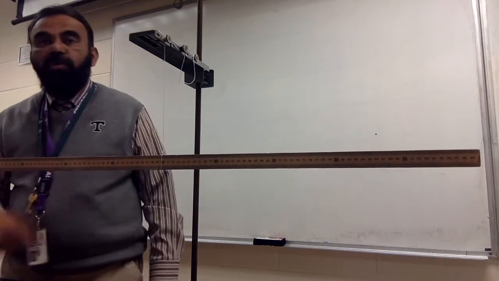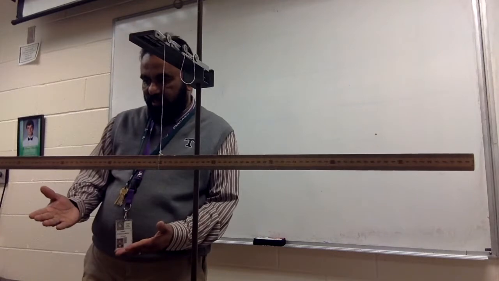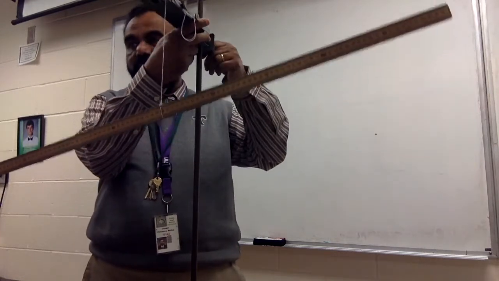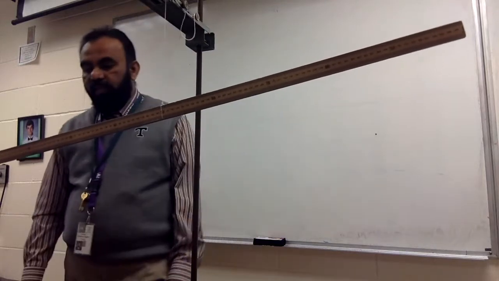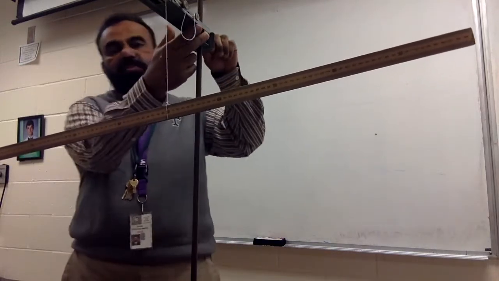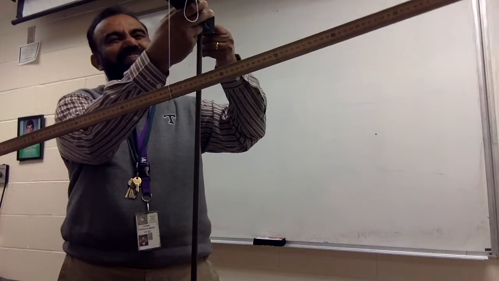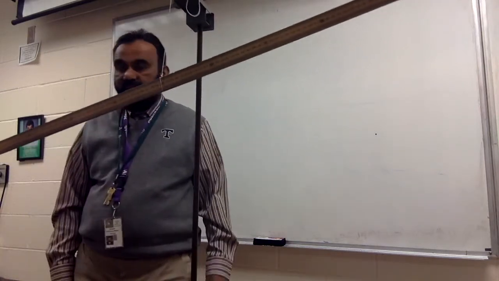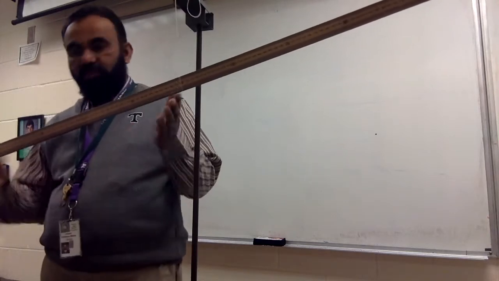So I put this thing over here. Now, unfortunately, this thing is a little too long, so I can just raise this up. I can raise it up further. Now, is it balanced? No. It's tilting this way.